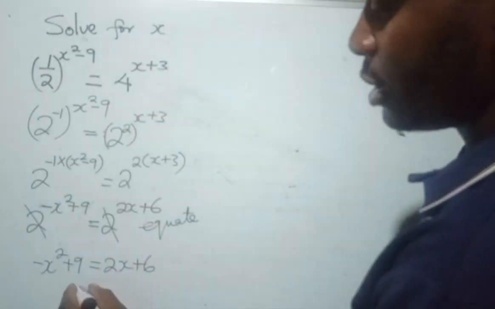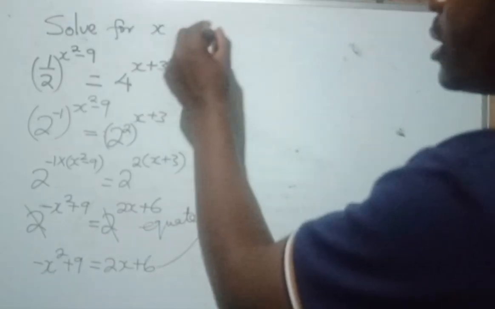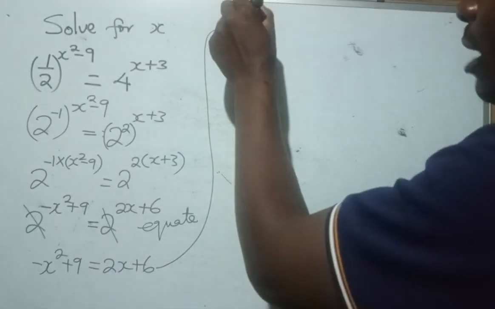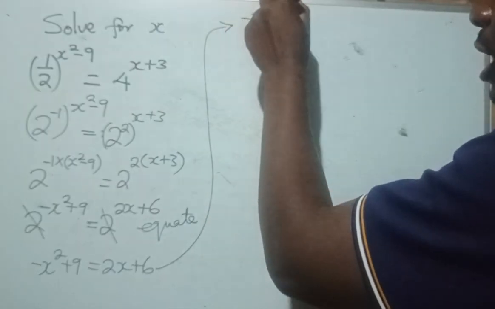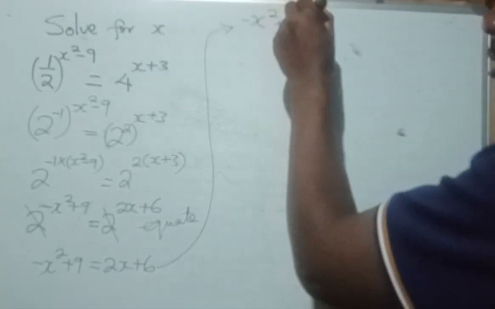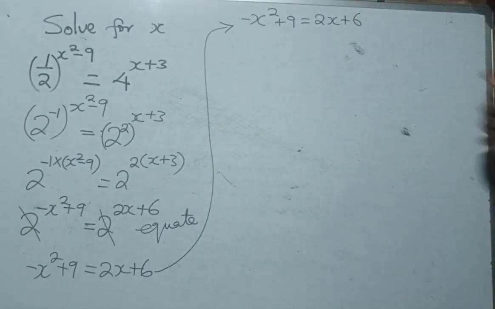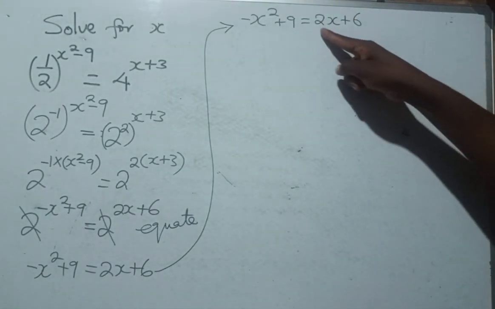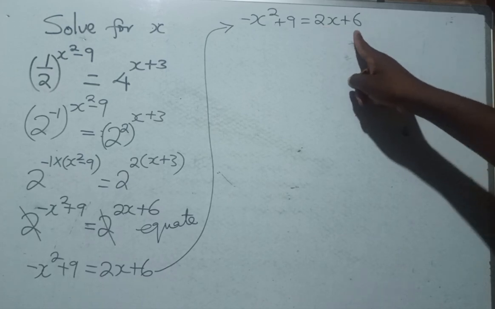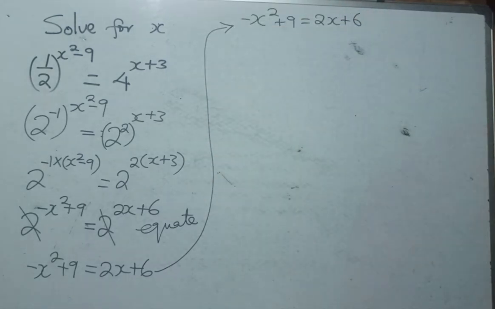From here, for the sake of space, I'm having −x² + 9 equal to 2x + 6. We shall move the terms from the right hand side to the left hand side so that we group the right terms together.